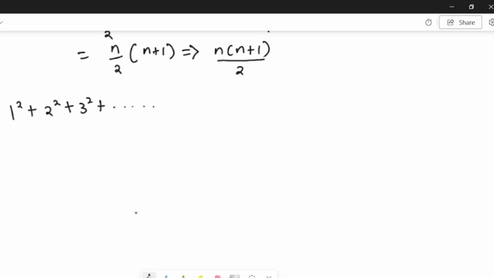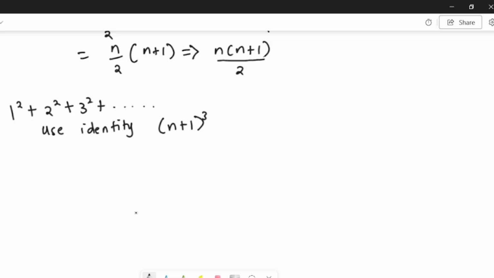Now for this sequence, in order to prove using the difference method, we're going to use an identity, and the identity is n plus 1 cubed.